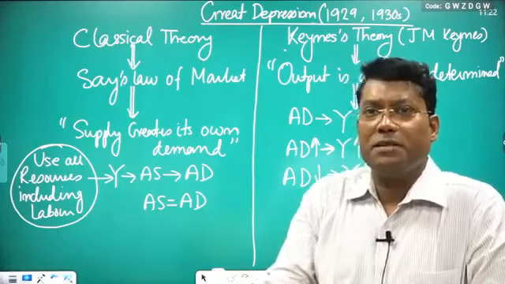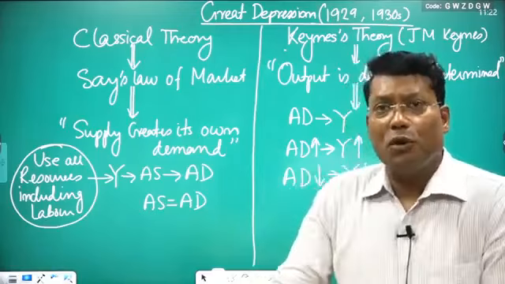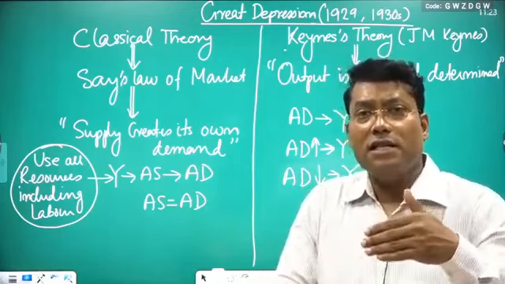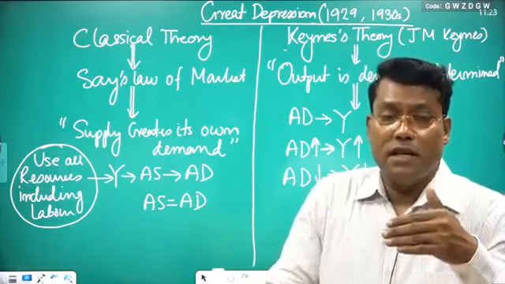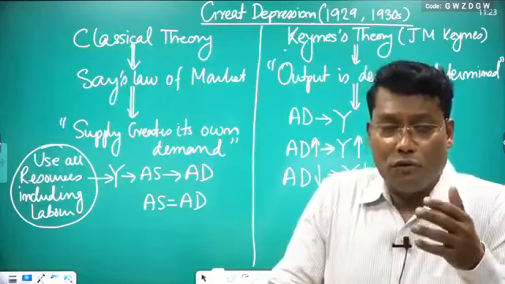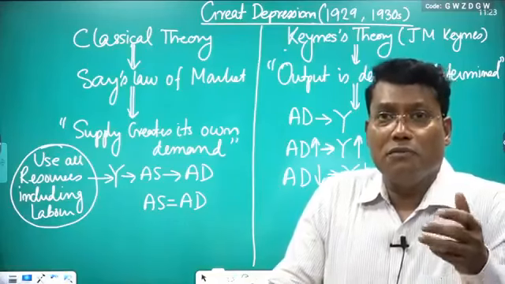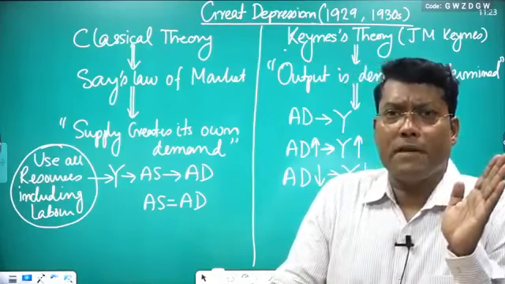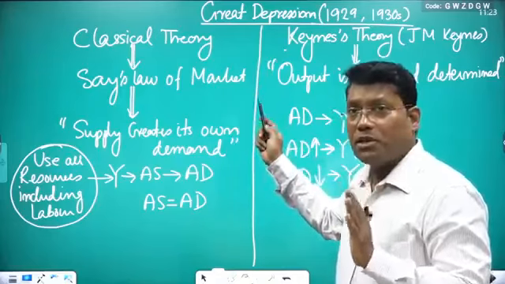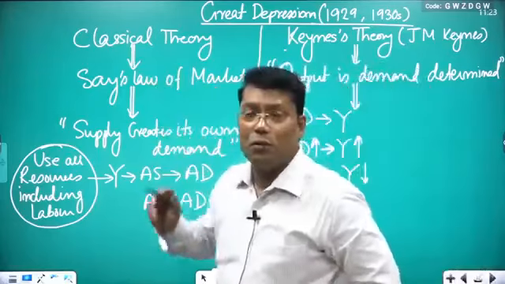Basically, any economy of the world follows certain rules, certain principles, and on the basis of these principles they decide the level of output, investment, and other things. Clear? So till the Great Depression, classical theory was working.